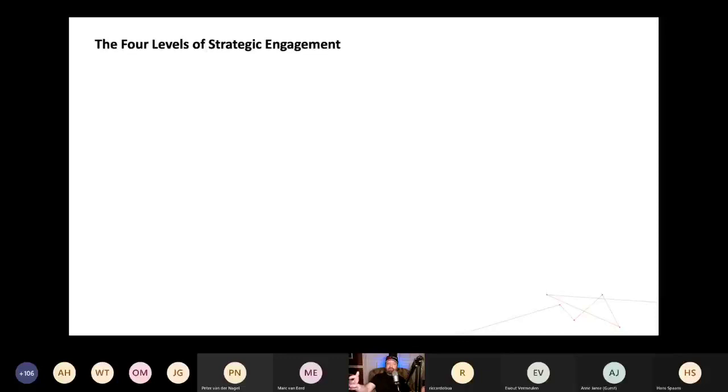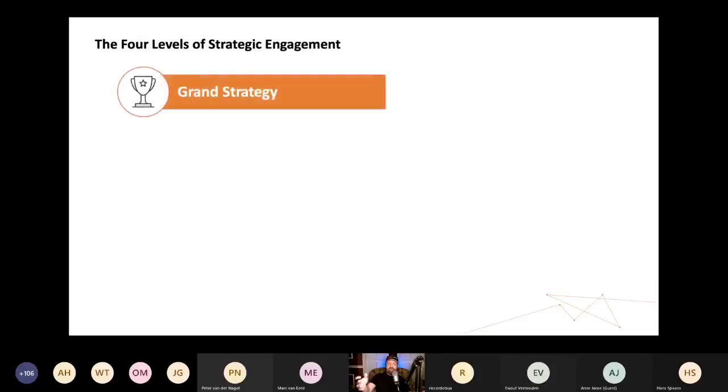So there are 4 levels of strategic engagement, and you can look at strategy from multiple different things, but in order to make it fit very well into cybersecurity, the business that we're all in, I boiled it down to four levels. So the first is called grand strategy. Grand strategy is the ultimate goal that any entity is trying to achieve. And so in order to understand the grand strategic objectives of your organization, you have to know who your grand strategic actors are.